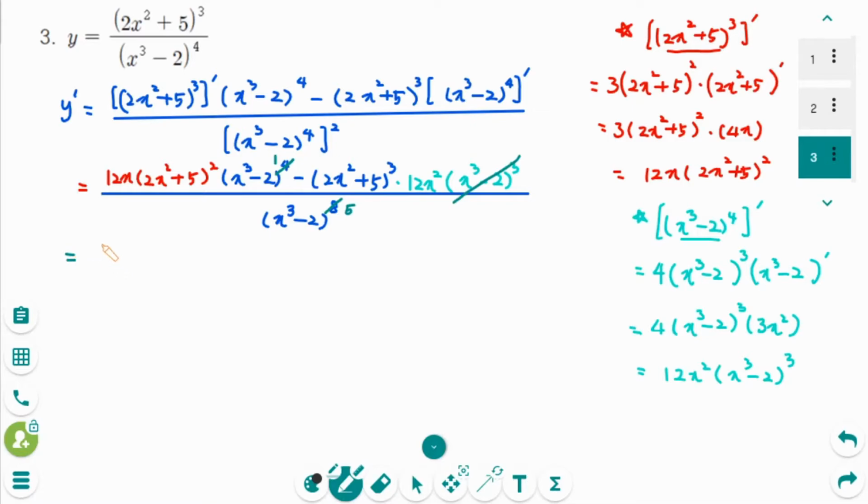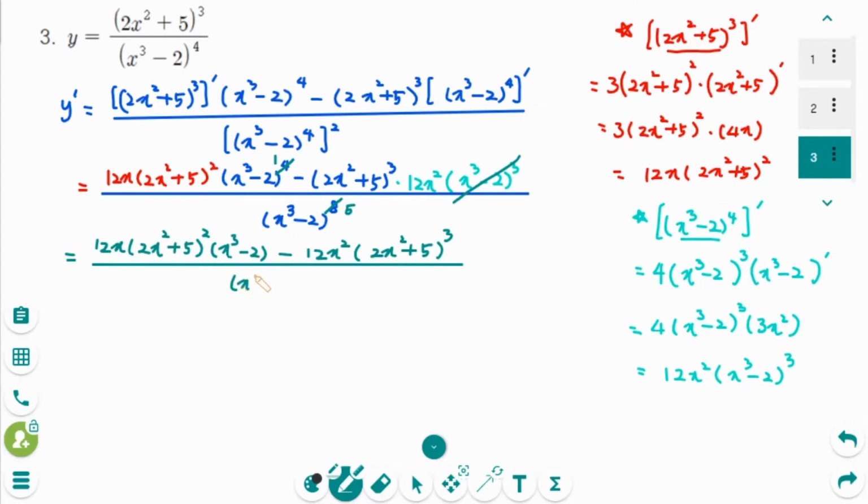Then we can rewrite as 12x times (2x² + 5)² times (x³ − 2) minus 12x² times (2x² + 5)³ over (x³ − 2)⁵.